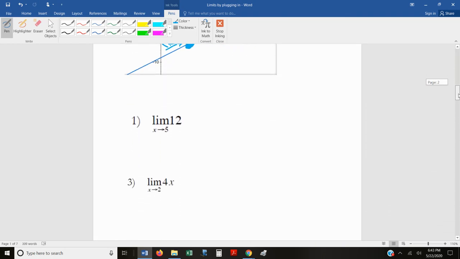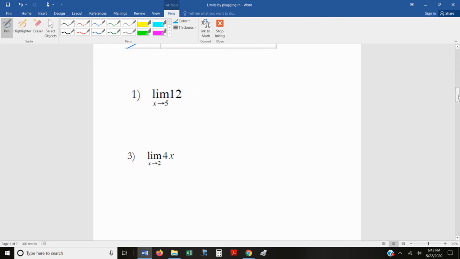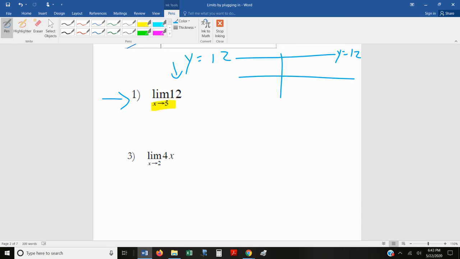All right, so then I wanted to just show one more that's a little bit weird, is number 1. So the function is actually 12, and that's the same as y equals 12. So graphically, y equals 12 is a horizontal line, and we're doing the limit as x goes to 5. So let's say 5 is here.